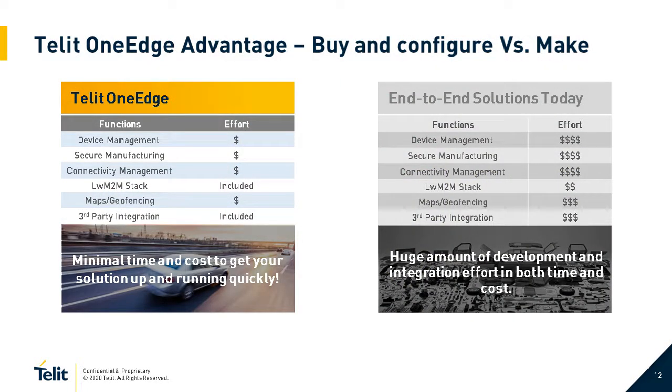Why do customers pick OneEdge? They pick OneEdge because it is a ready-to-use solution out of the box. You simply buy it and configure it. Yes, everything that we do, it's just software. You can go and find pieces and parts. If you break it into all of its components, you can go out and find open source components that can solve some of the functions.